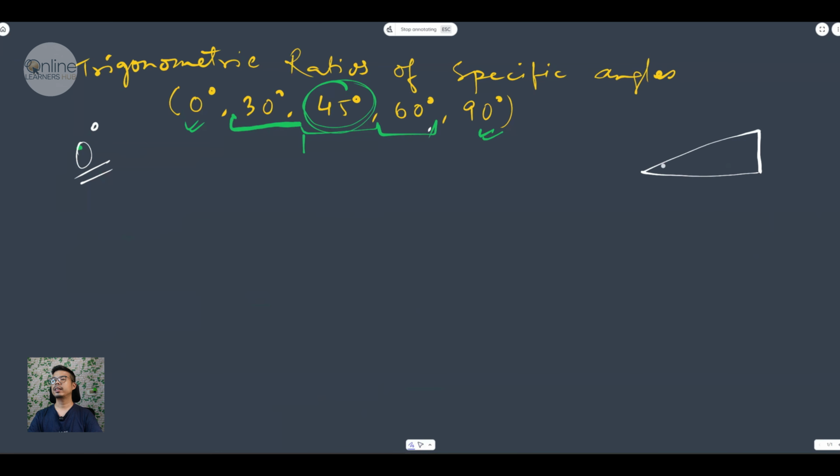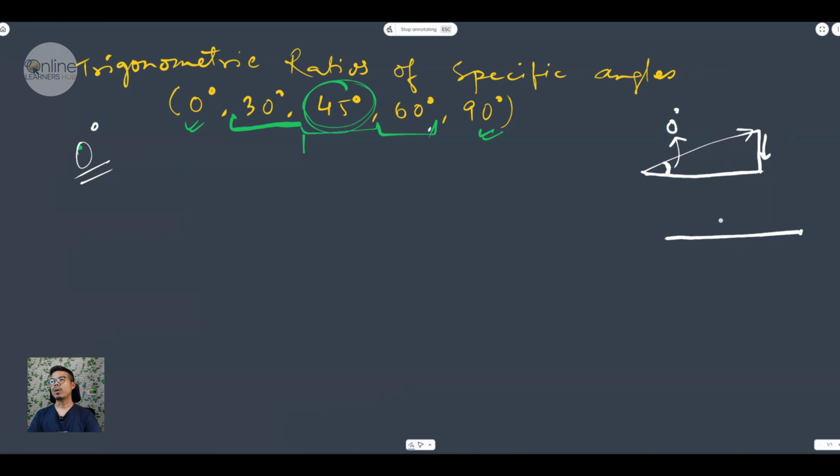Now if this angle becomes 0 degree, how will it look? This line will come down, right? The hypotenuse will come down and touch your base. Now your triangle will look like this, lying on the same line.